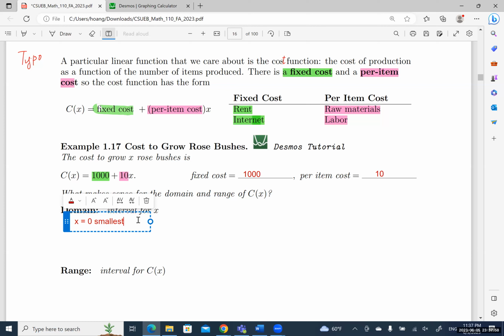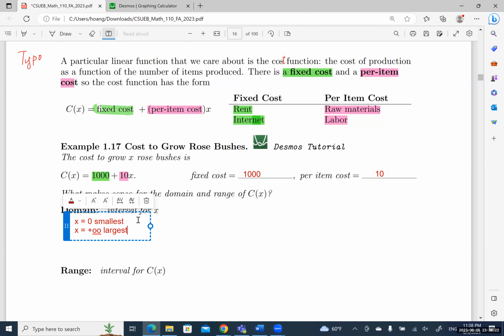What about the maximum value for x? You may have to think about, can x equal positive infinity?